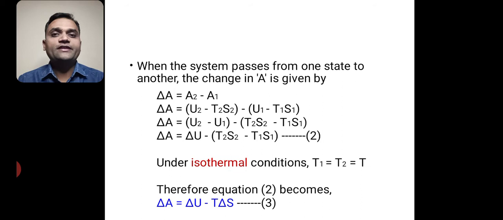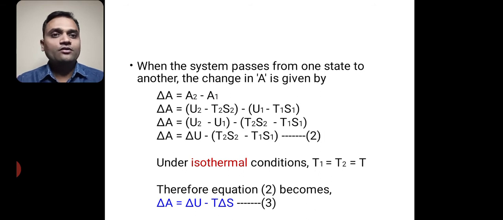Now see, suppose we consider the system passes from one state to another state. So there is a change in A, and that change in A is denoted by delta A and it is equal to A2 minus A1.